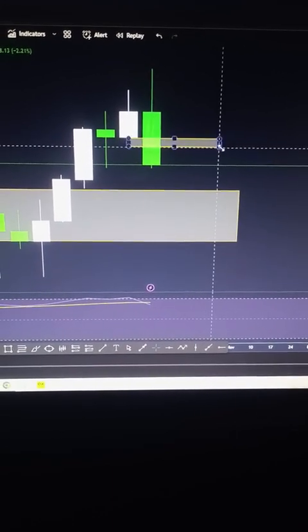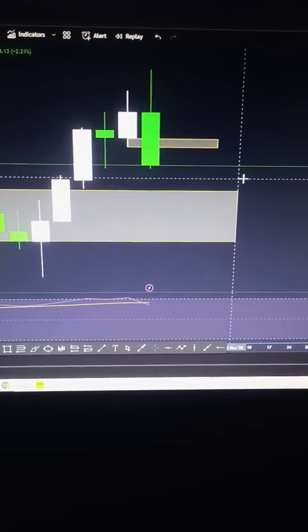Now, if you take a look at this setup, whenever I want to get involved in a trade, I always consider the zone where I'll be getting involved into a better trade. So I usually consider the wicks of the candles. Why? Because they show me the reaction point in the market.